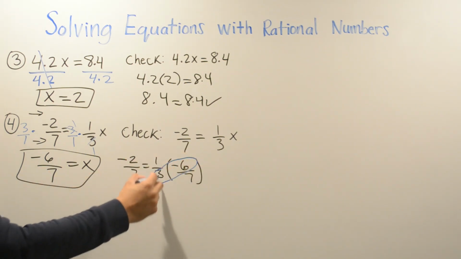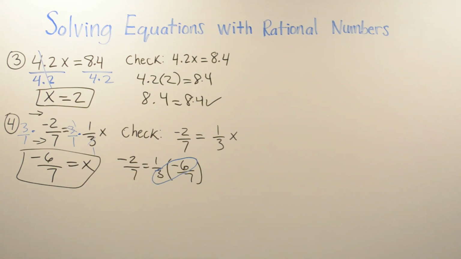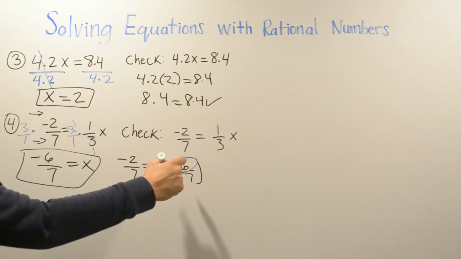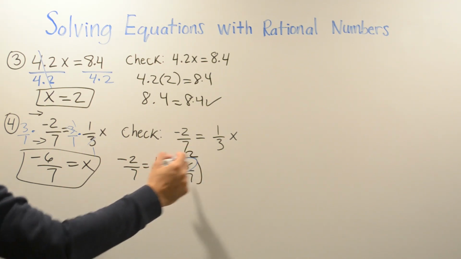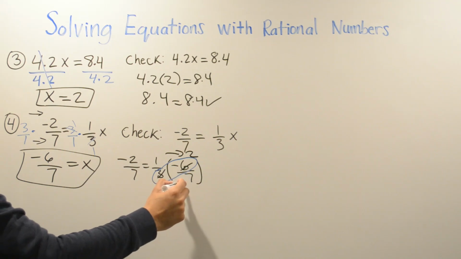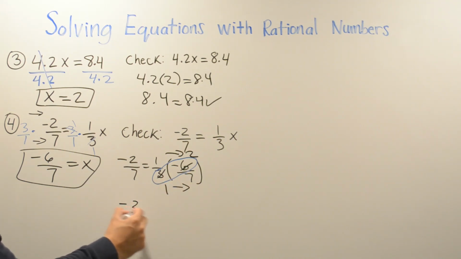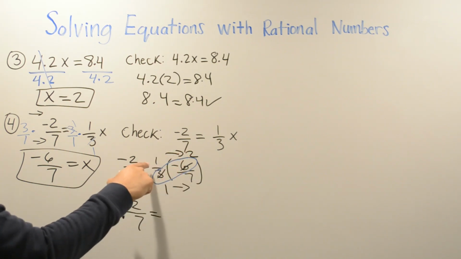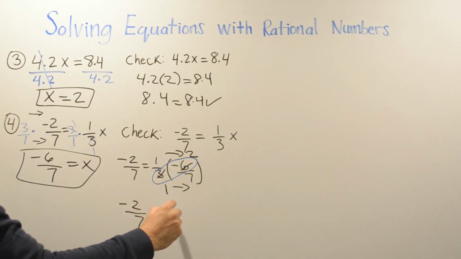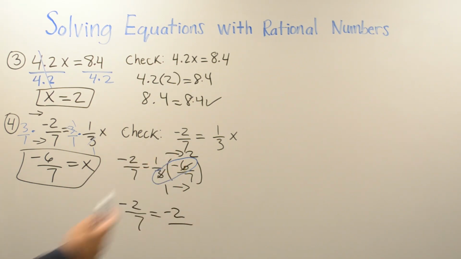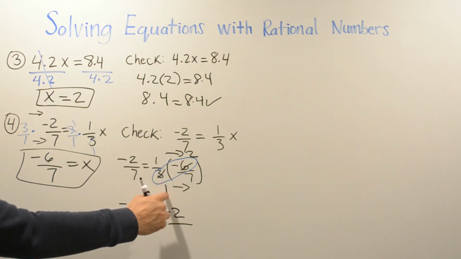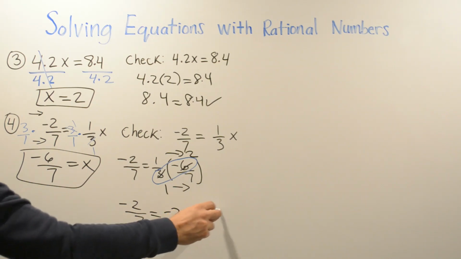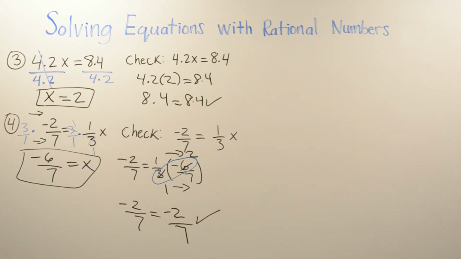I know 3 goes into 3 one time, and 3 goes into negative 6 two times. And then again we just multiply across. So we have negative 2 over 7 here equals 1 times negative 2, which is negative 2, and then 1 times 7 is going to be 7. As you can see, we have the same answer, so we know that the answer is right.